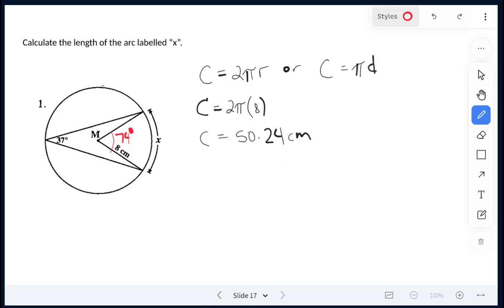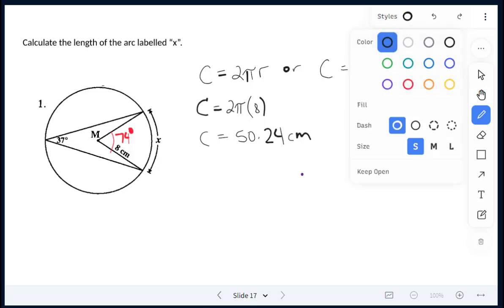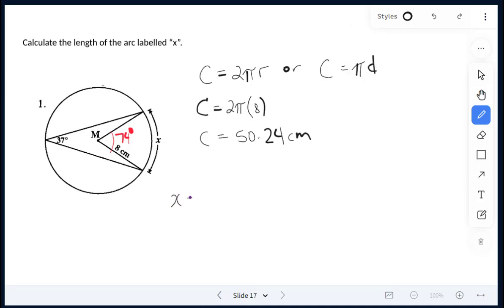All right, now we can go ahead and calculate the arc length. So x will be equal to 50.24 multiplied by 74 out of 360. 74 degrees out of 360 degrees, because a full circle makes 360 degrees, but we only want 74 degrees of that.